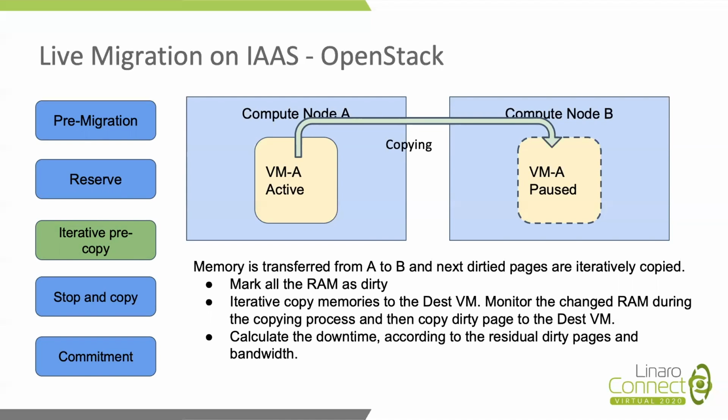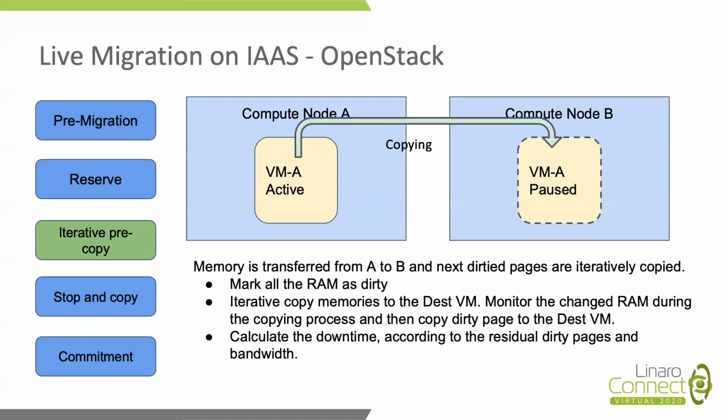So we cannot guarantee that we can enter a phase where all memories are synced with the destination virtual machine. So we should set the downtime threshold. This threshold is the time period during which we suspend the VM and copy the last memories.